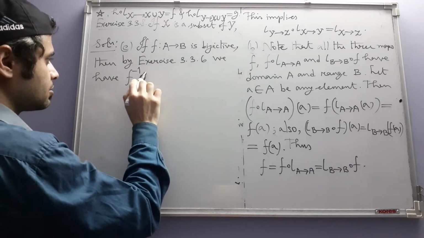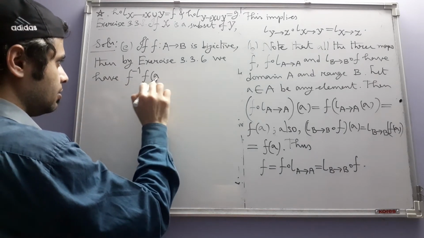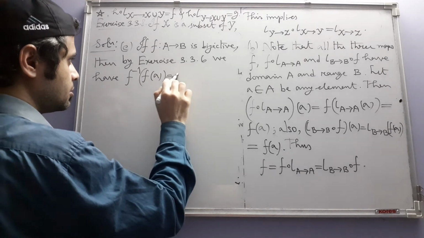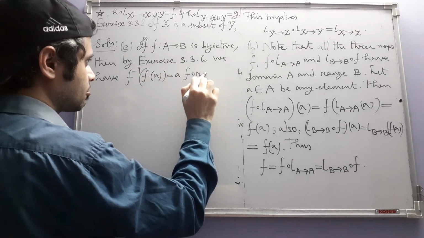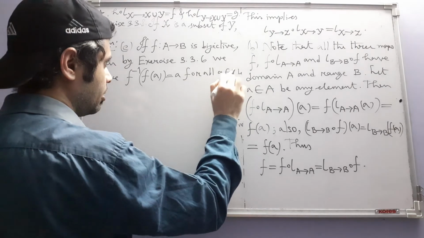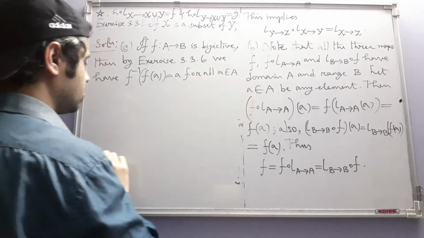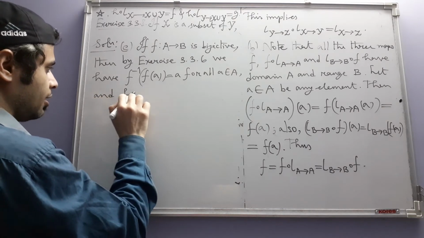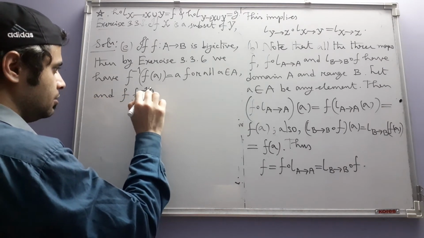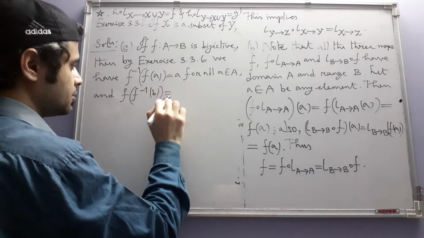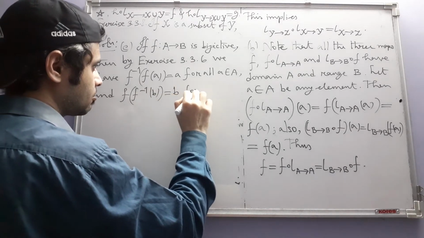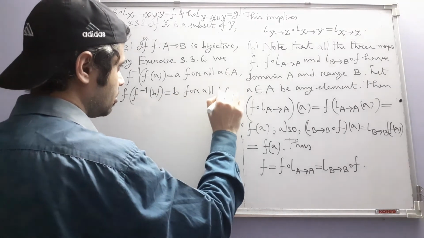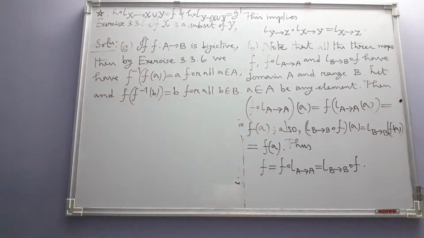F inverse F of A is equal to A for all A belonging to A, and F of F inverse of B is equal to B for all B belonging to B.